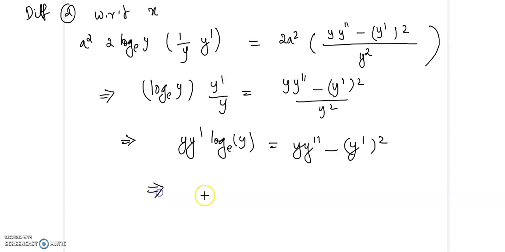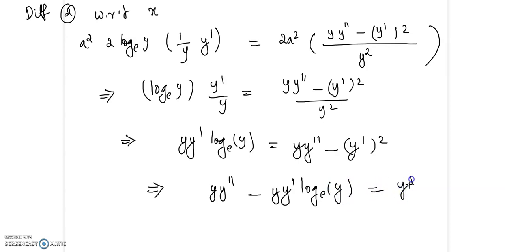So therefore we will get y double dash minus y dash log y to the base e equal to y dash square. So this is the result we wanted to prove.